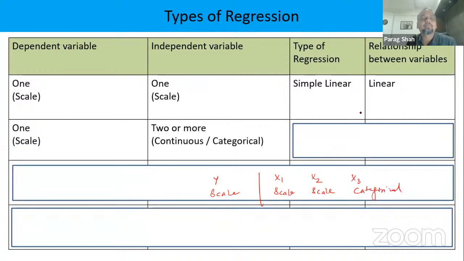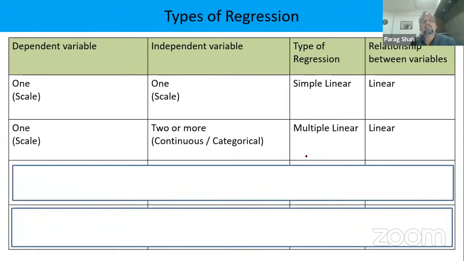Still we can go for multiple regression, right? So in that case, we can go for multiple linear regression. So the independent variable, the x variable, can be categorical, it can be scale, or it can be both. Then still we can go for a multiple regression.